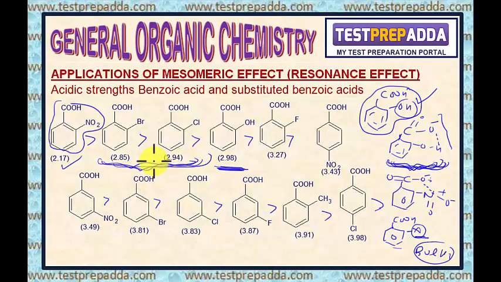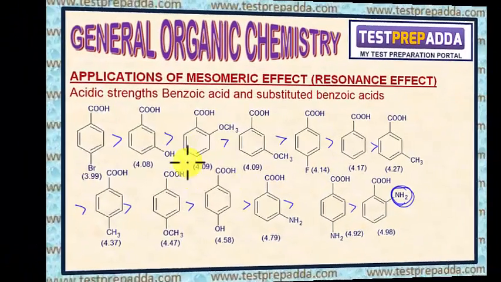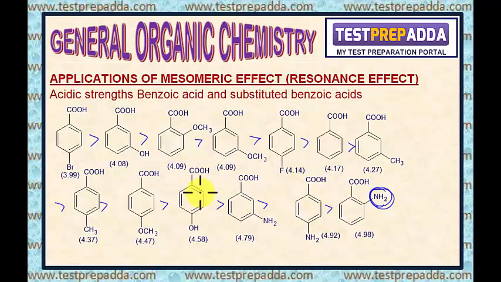Are you getting my point? So this way, we explain the high acidic strength of orthonitrobenzoic acid, orthobromobenzoic acid, orthochlorobenzoic acid, orthohydroxybenzoic acid. Okay, now after going through this list of benzoic acids, you can easily say, except this orthoaminobenzoic acid, all other ortho-substituted benzoic acids are stronger acid than benzoic acid.